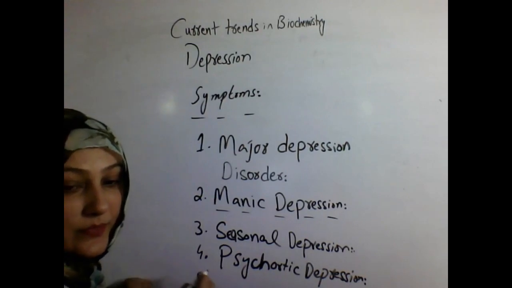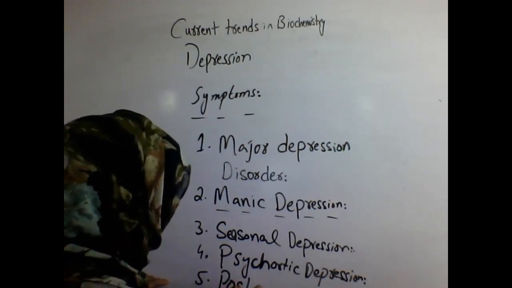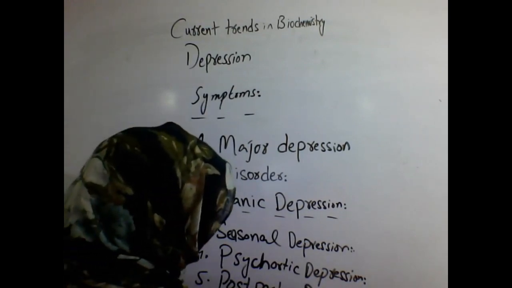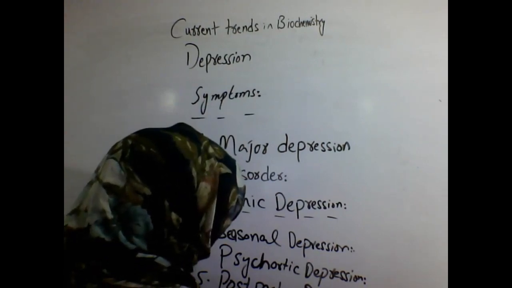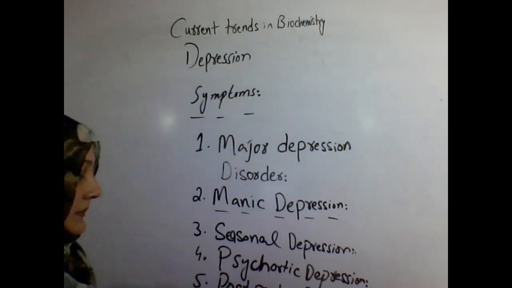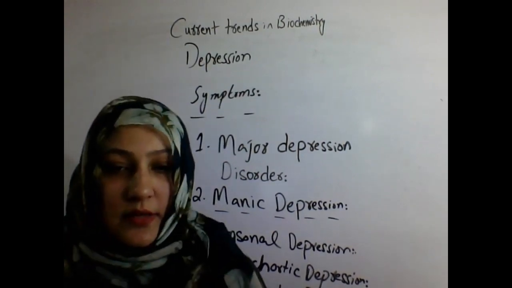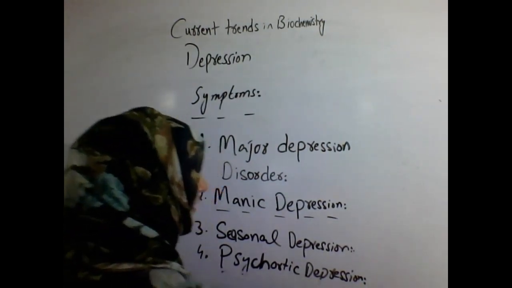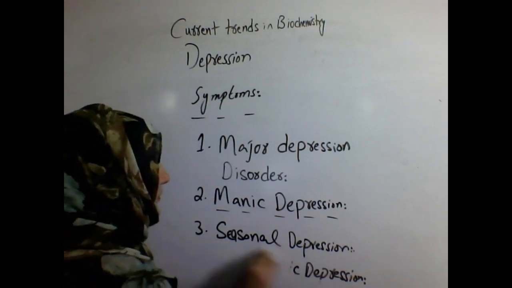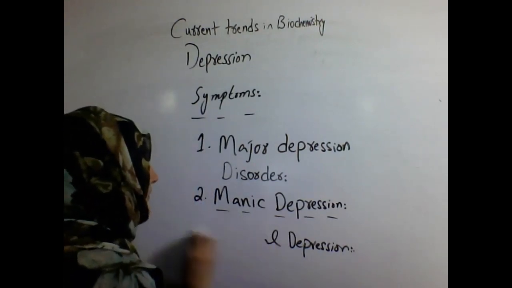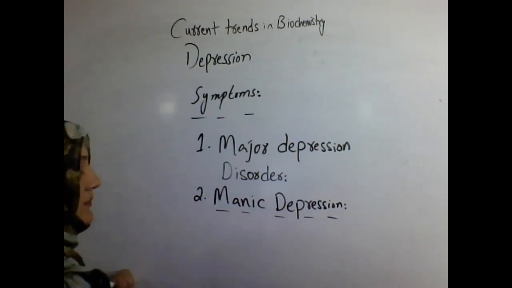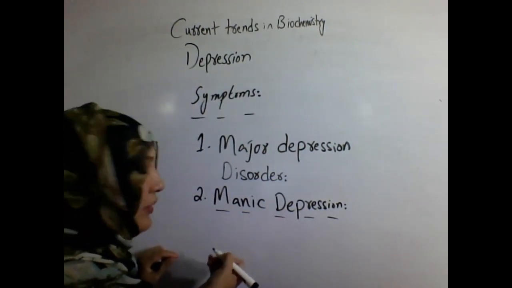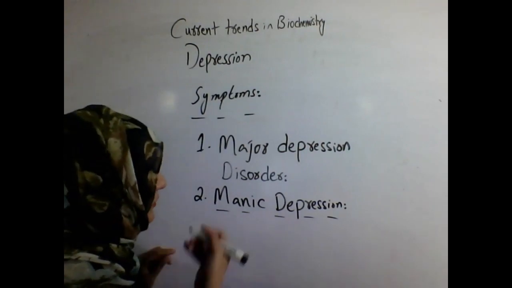Next type is postpartum depression. Postpartum depression is related to female patients who give childbirth, and after the childbirth period they feel depression in their life for approximately 1 month to 40 days.